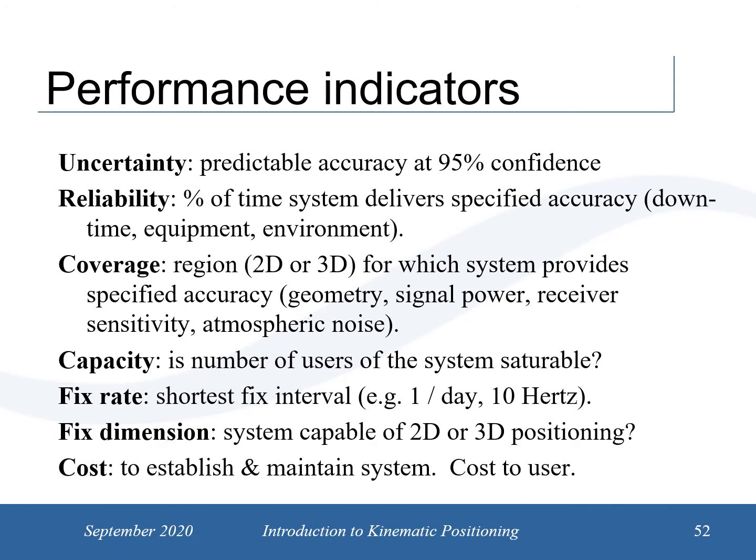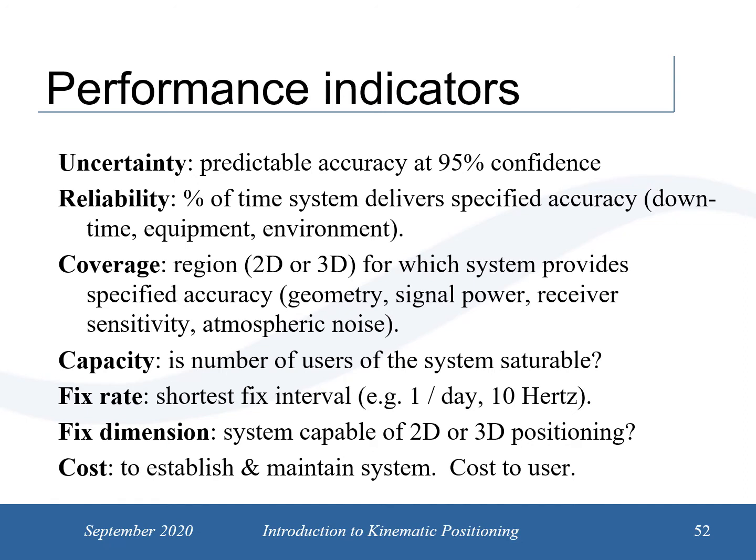Fix rate is the shortest fix interval. For example, 1 fix per day, 10 hertz, 1 fix per second, etc. Fix dimension is the dimension of the positioning. You should recall that we define fix as a synonym of positioning, and that's in the jargon of navigation.